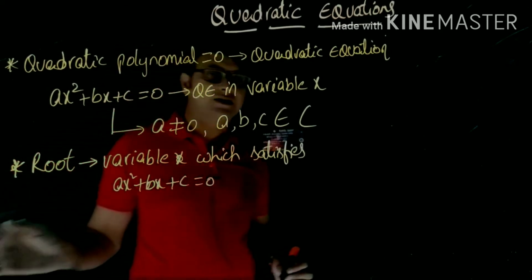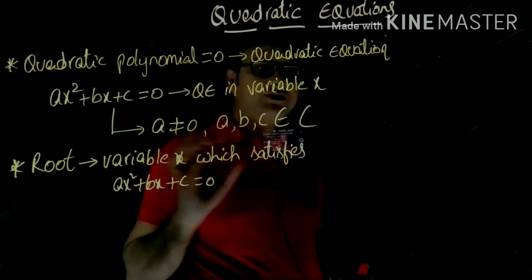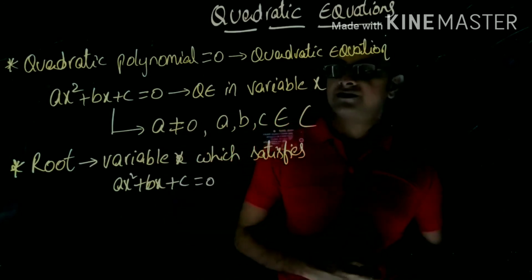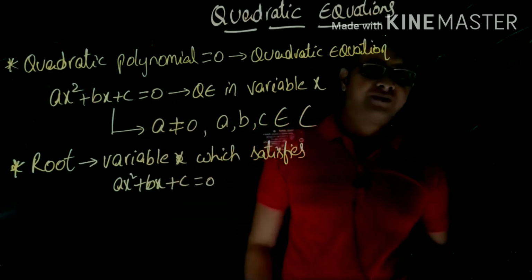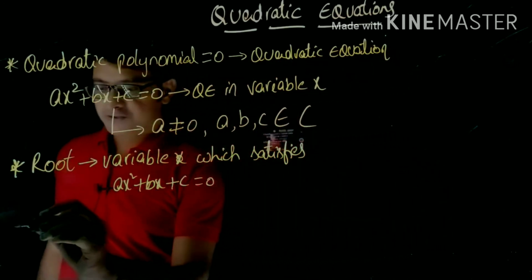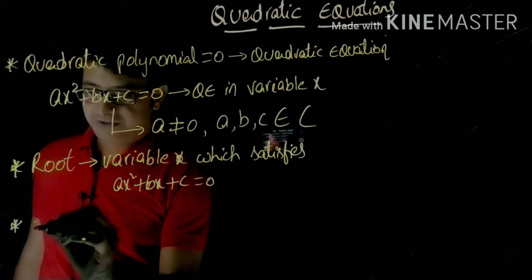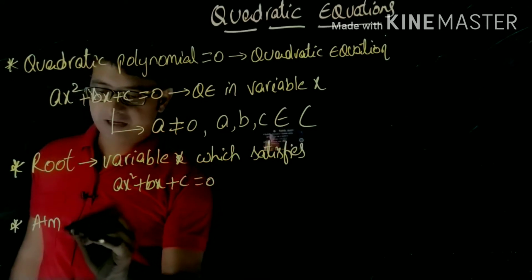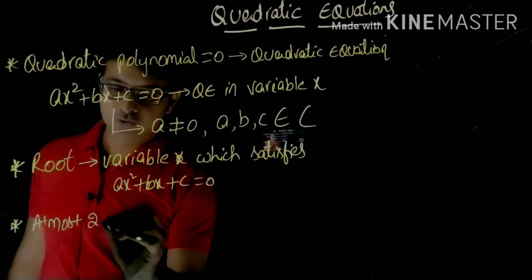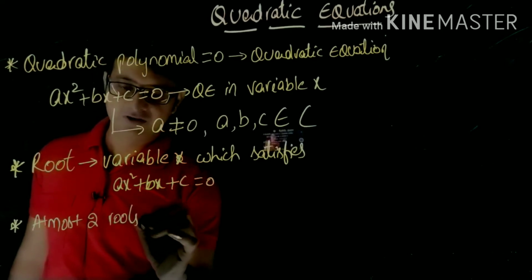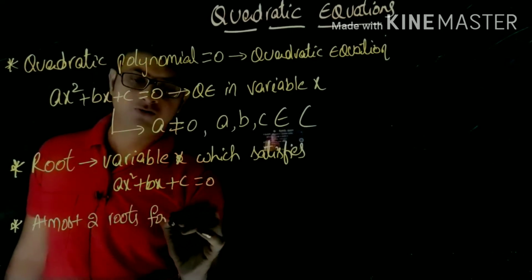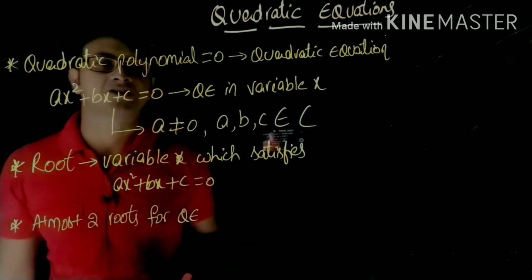If I see here, the degree of the quadratic equation is 2, so we have at most 2 roots for a quadratic equation.